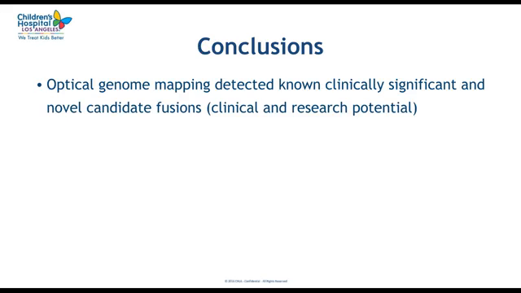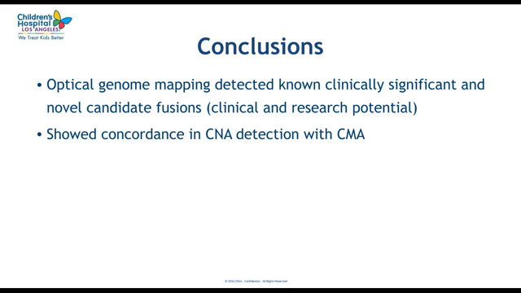So to summarize the first study, in the first part of the talk, in our unknown cases, optical genome mapping detected known clinically significant fusions, but also some novel candidate fusions, illustrating both clinical and research potential of this technology.